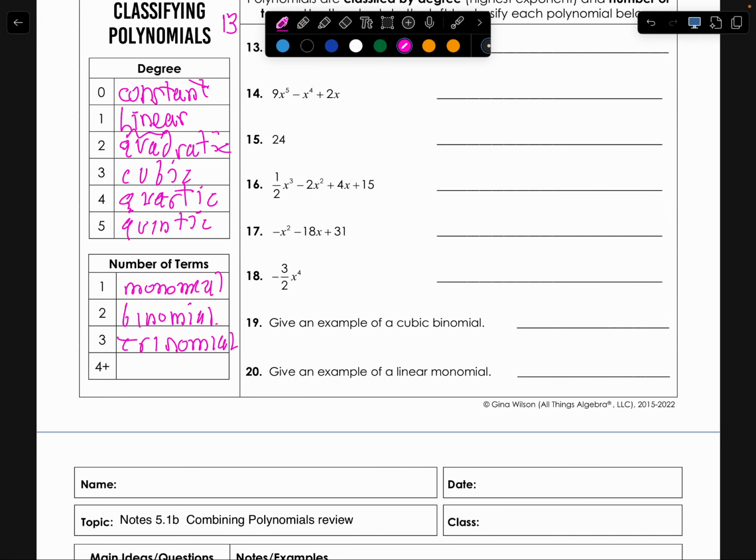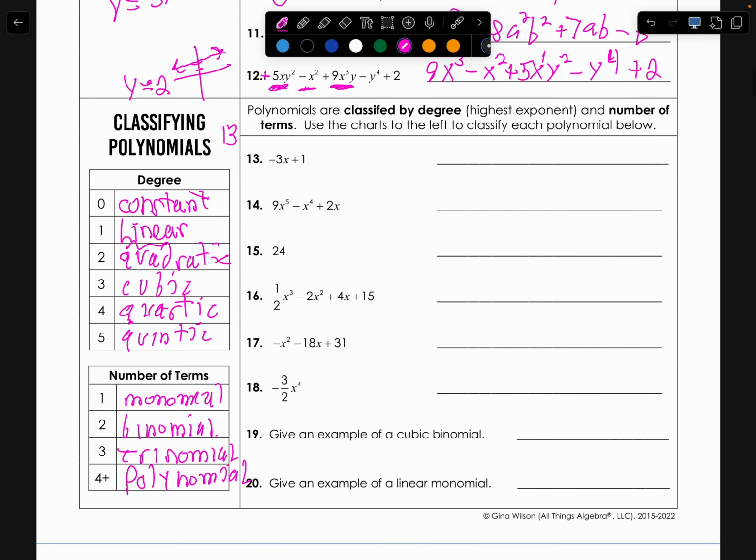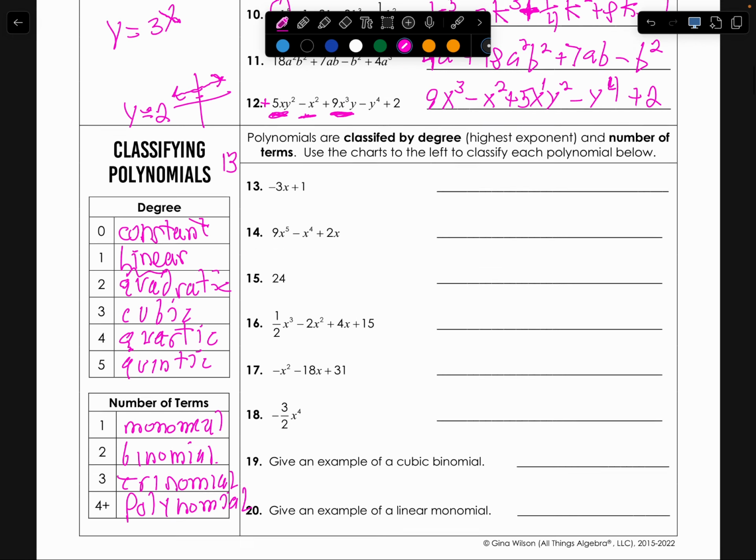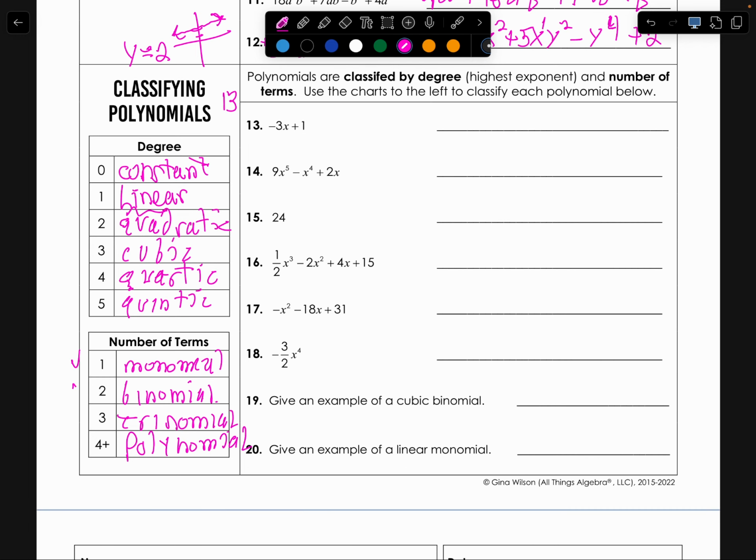Four or more terms is a polynomial. We don't have a special name for those. We just call them polynomials. They're all polynomials, but definitely that one is. The more specific names are here. Use those if it's 1, 2, or 3.